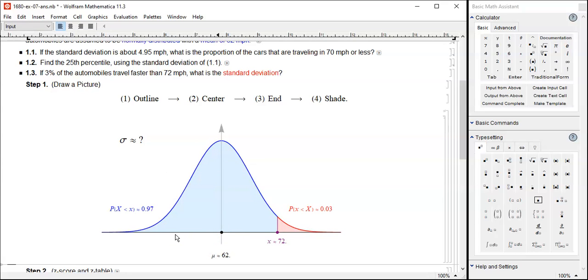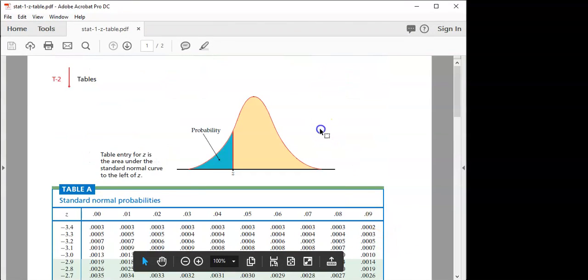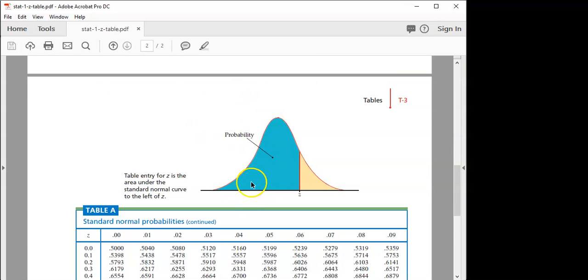If you have only one color, then you can shade either one. Shade here and then 3%, or shade over here to the left and then get 97%. Either way is going to be okay. What I usually do, I shade to the left and get 97% and then look up 97% from the table. Why? Because if you look up the normal table, normal tables are always shaded to the left, like this.